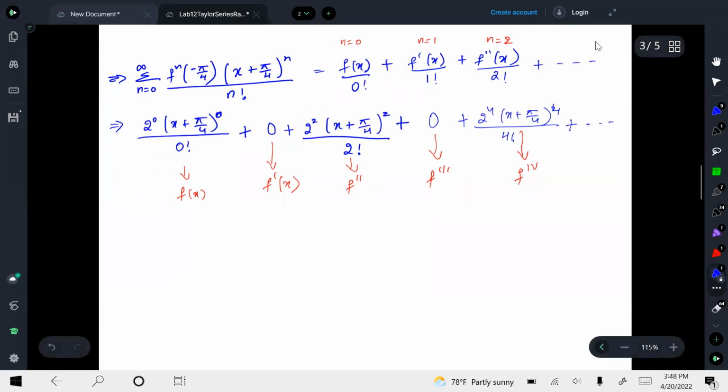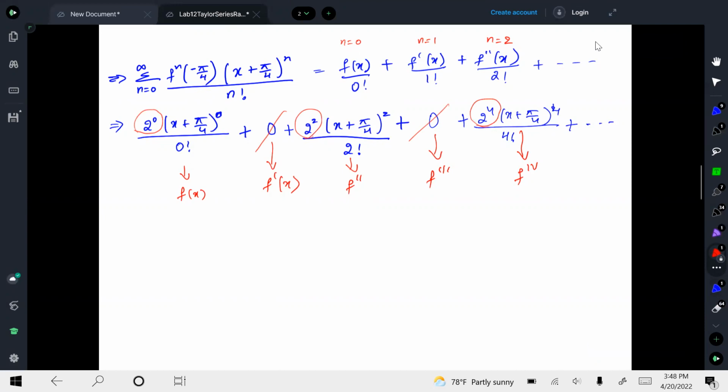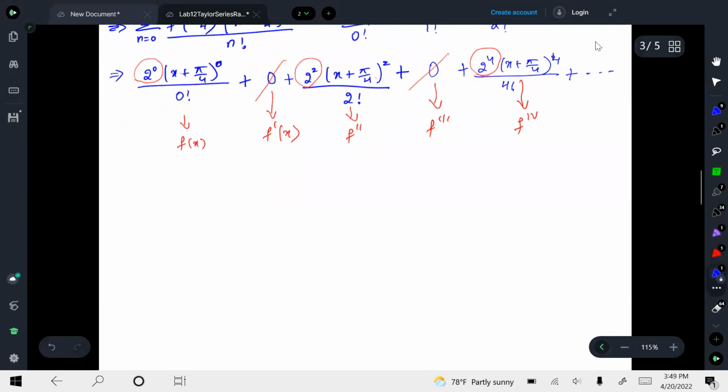Now, as you can see here, we can actually eliminate the alternative terms, right? And the first term is actually the powers of 2. And the next term which you see here, x plus pi by 4, is actually to the power of n. So there is no change here. Okay. So using this pattern, we will find the series.